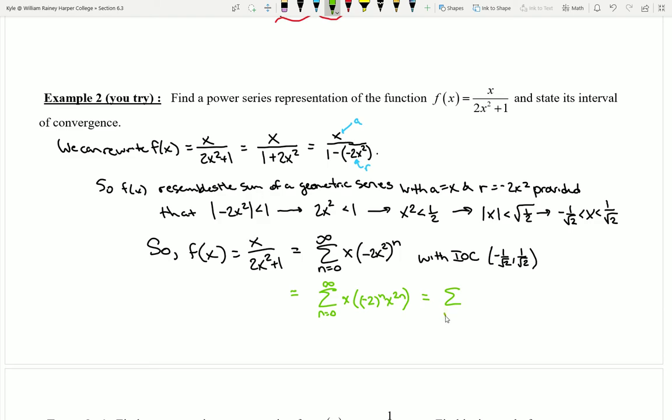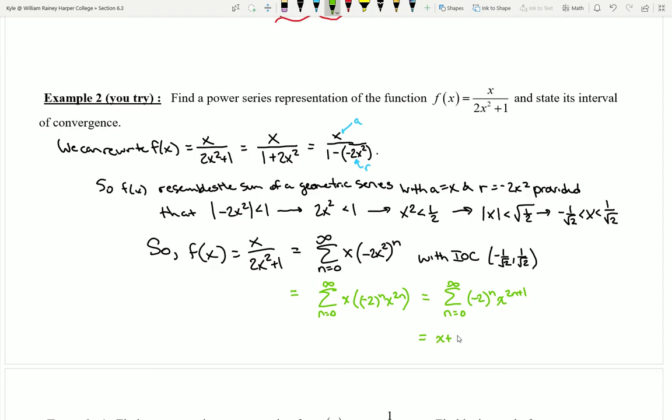And then I could rewrite that one more time by describing how many total x's I have. So if I rewrite this series, I can see that it actually does look like a big, long polynomial. If I started writing it out, I would start to get terms that look like this. If I plug in 0, I'm going to get a coefficient of 1 and x to the first.